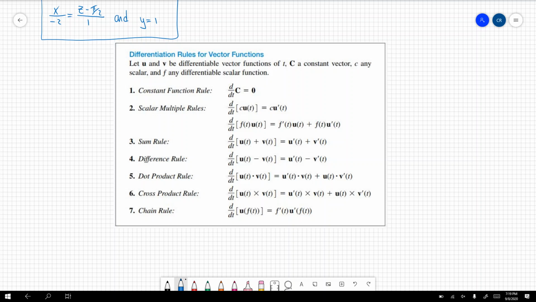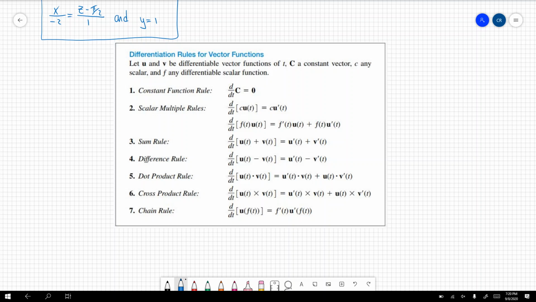Some of the more important ones are the ones where we have to use the product rule. More specifically, in numbers 5 and 6, we have two different types of product rules. One involves the dot product, the other one involves the cross product. We have to make sure that we pay close attention to that.